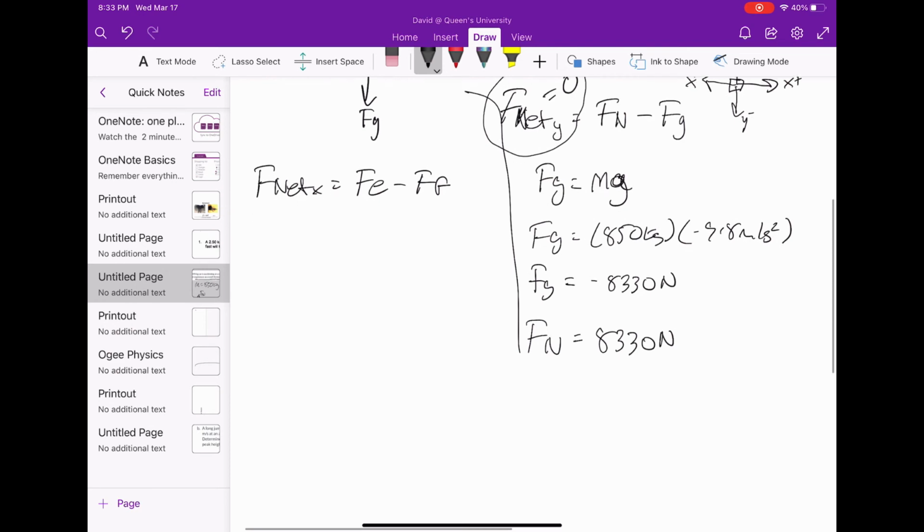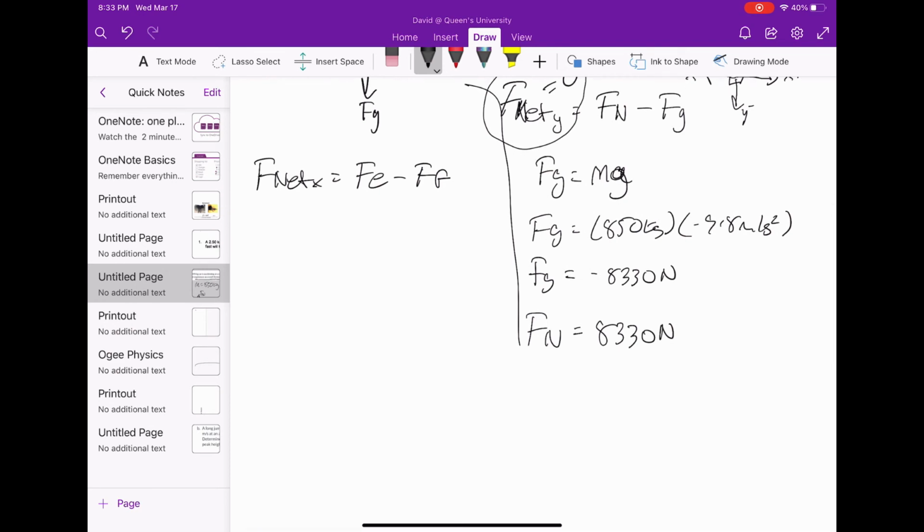So we have an acceleration in the X direction, meaning our F net X equals MA, A being 2.4, and our M being 850. So our F net X is actually equal to 2,040 newtons, and we can write the direction to the right.